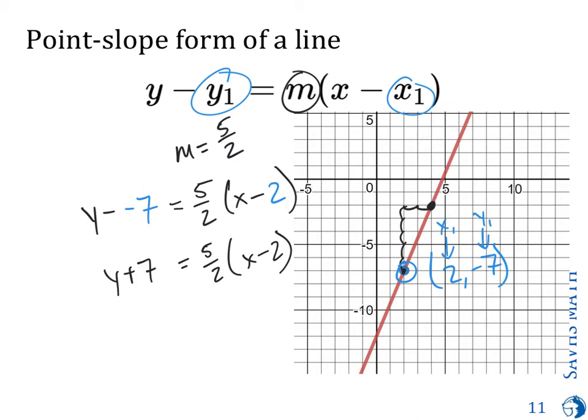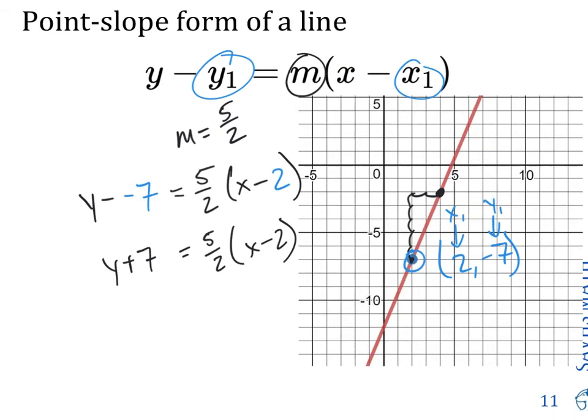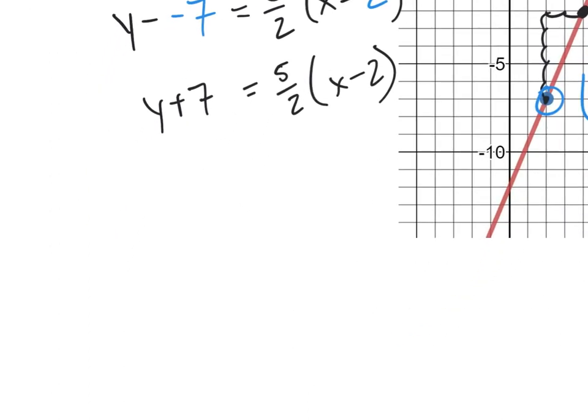Okay. I do want to take a second here and solve for y, combine like terms and simplify, and turn this into slope-intercept form, because I'm going to ask you to do that. So I'm going to take my 5 halves and distribute it here and here. So I get 5 halves x minus, okay, 2 times 5 halves is 5, equals y plus 7.